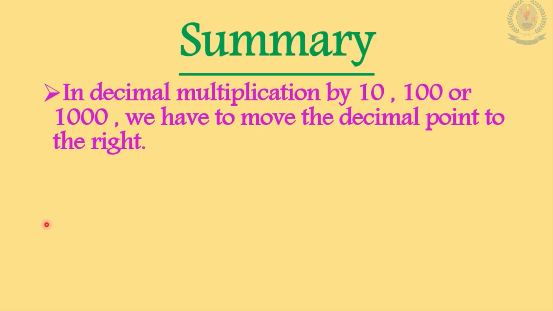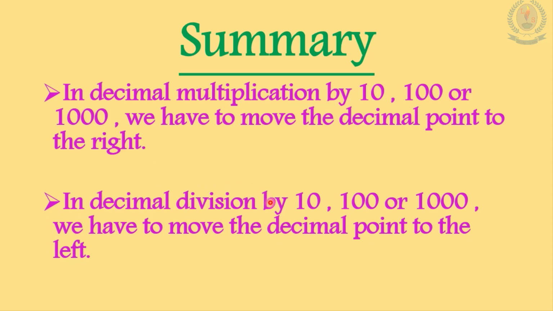Summary of this first part. In decimal multiplication by 10, 100 or 1000, we have to move the decimal point to the right hand side. In decimal division by 10, 100 or 1000, we have to move the decimal point to the left. That's the basic or main thing that you have to remember.